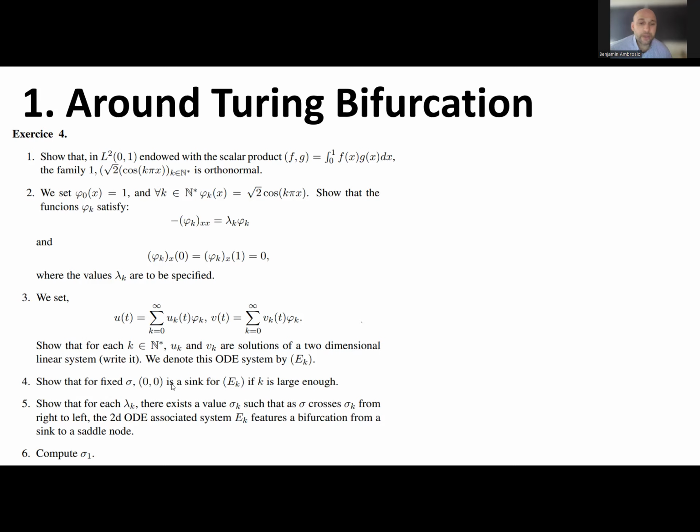Everything is going to 0, 0. So now you fix sigma and you try to prove that if k is large, meaning that there exists some k star such that for k greater than k star, 0, 0 is a sink for Ek. So try to prove that.